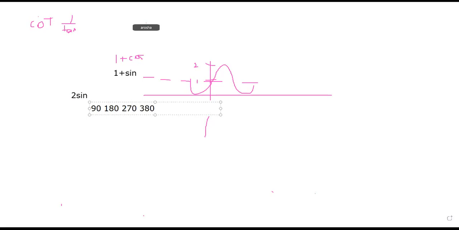So this means you have to divide those coordinates by 2. So when you divide these coordinates, if this was previously 90, now it's 45.